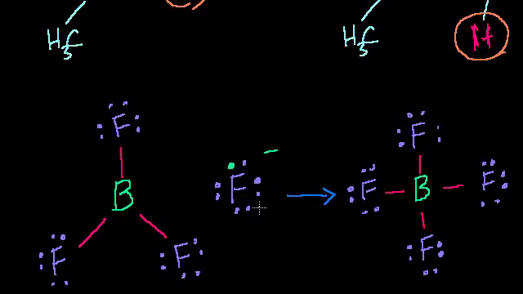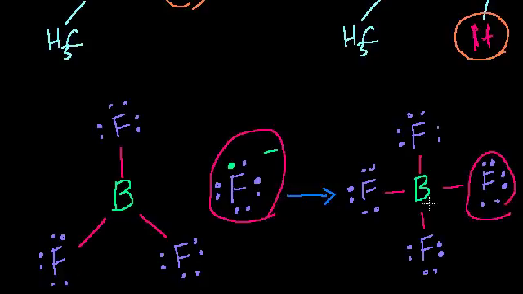In this situation, this fluoride, or fluorine anion, can donate these 2 electrons. What it does is donate these 2 electrons to this boron complex right here.